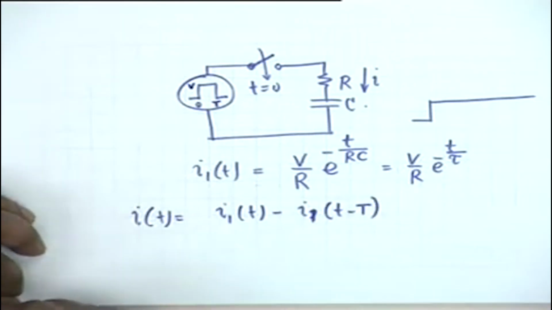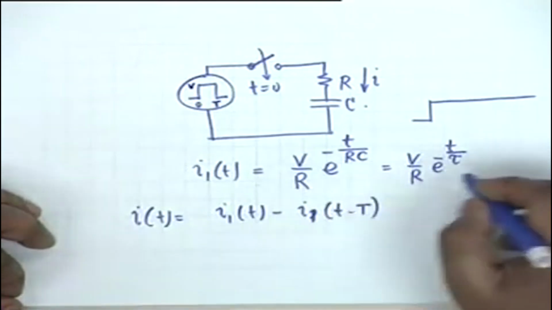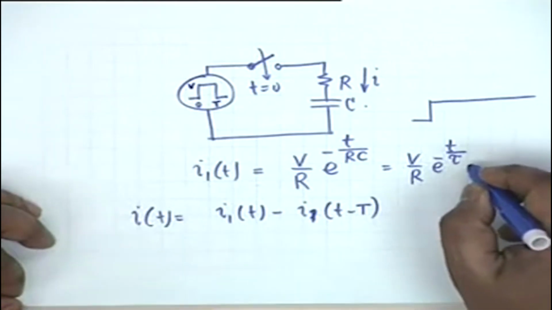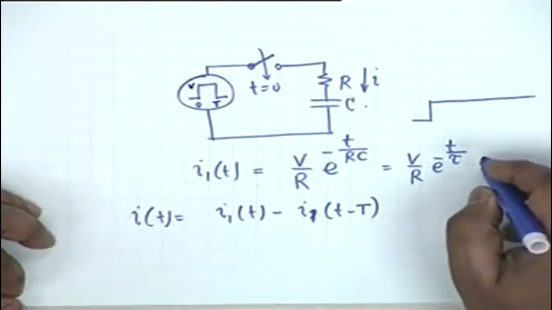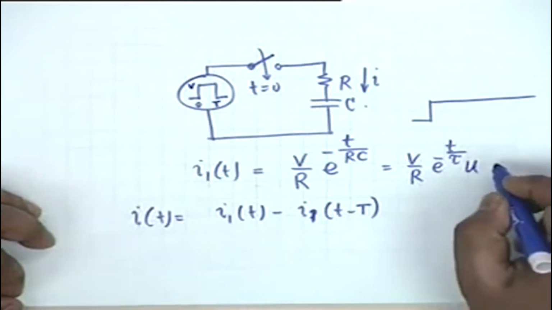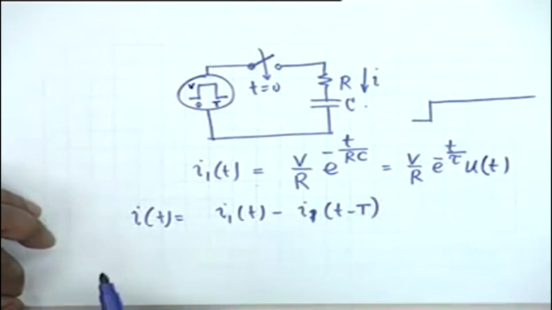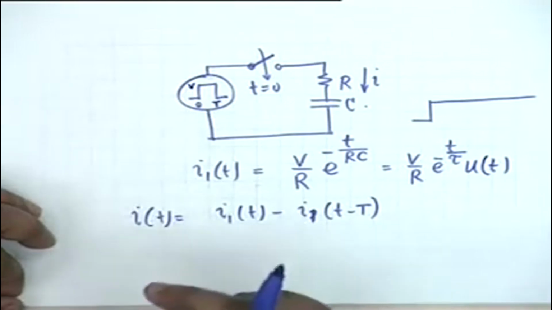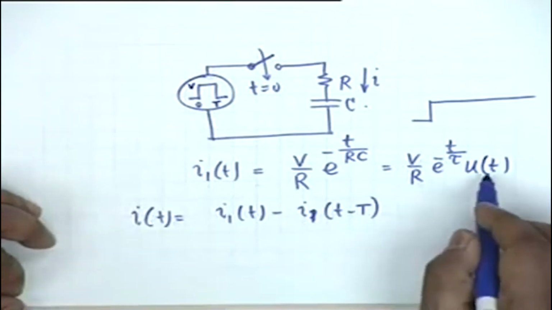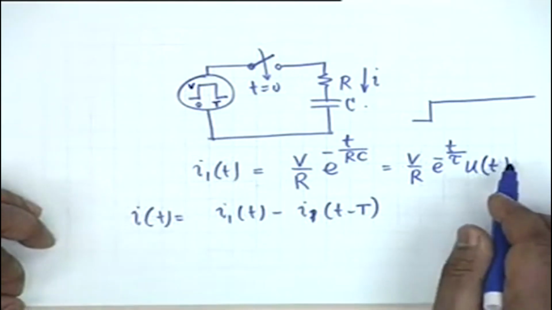Now here a certain discipline has to be imposed on ourselves, namely that this i1(t) is true only for t greater than or equal to 0, and therefore I multiply this by u(t). What is u(t)? Unit step function. It is 1 for t greater than or equal to 0 and it is 0 for t less than 0.